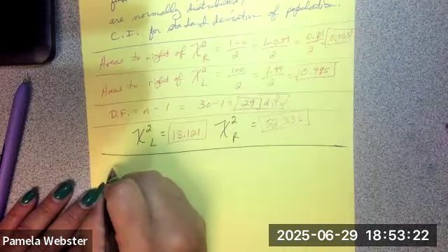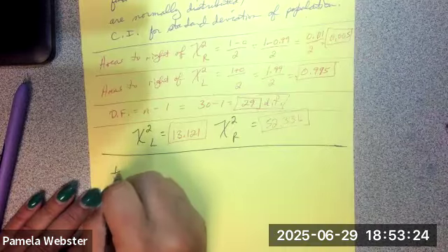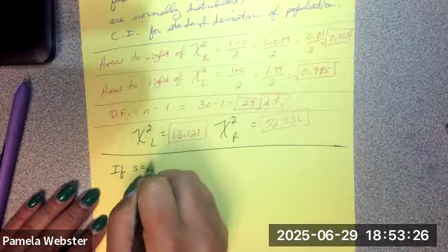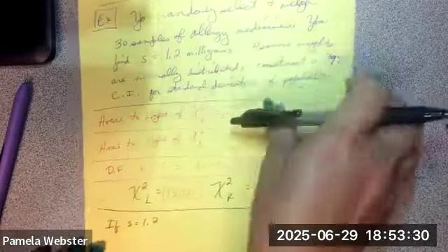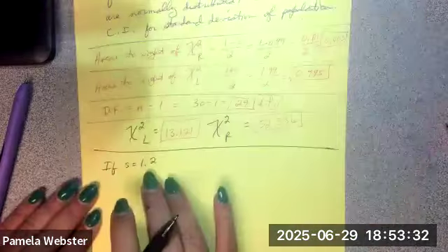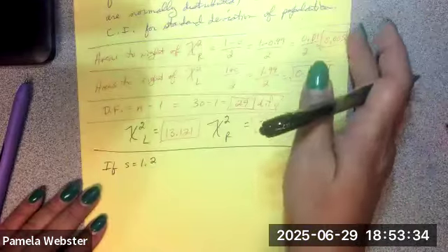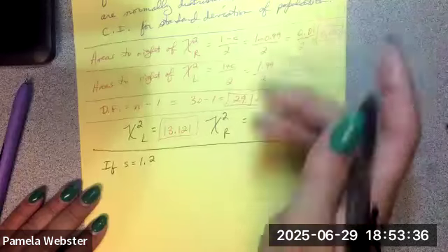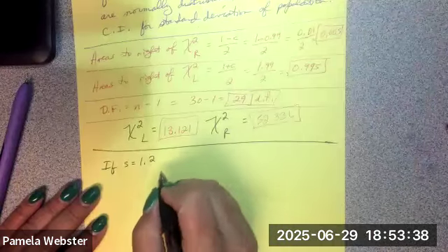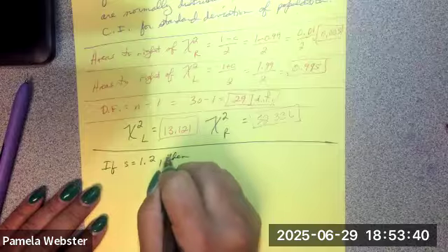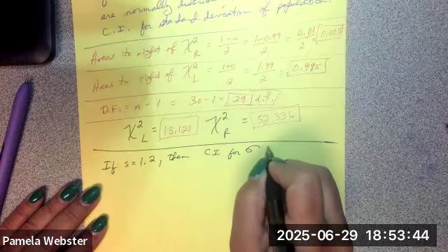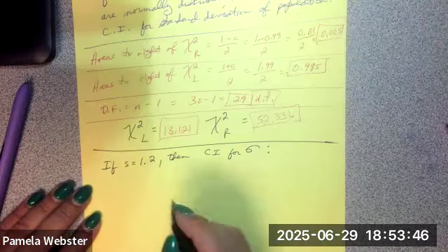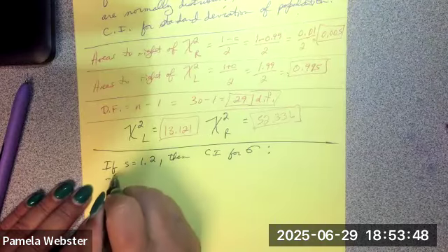So here we go. The s was 1.2 milligrams, right? That was the standard deviation. And so we know that the confidence interval for the sigma guy, we're going to find by using this square root thing that we looked at earlier.